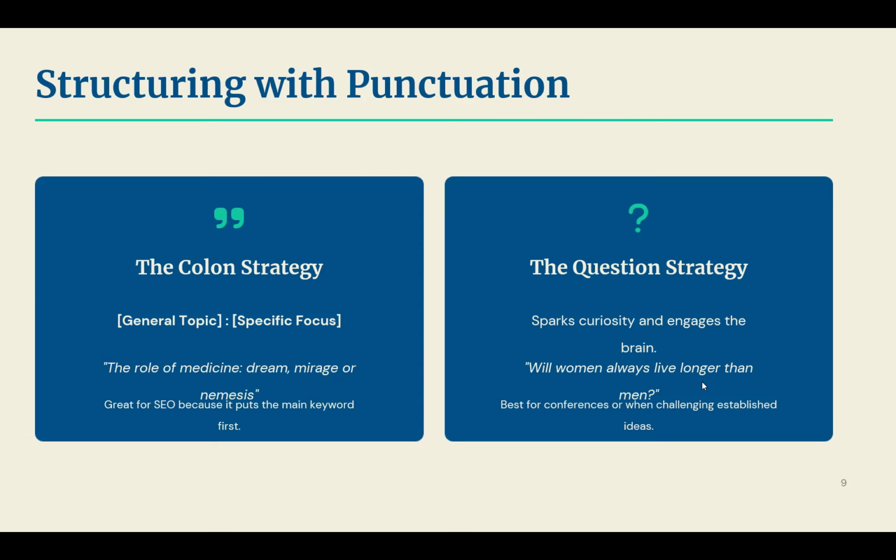The second typical strategy is the question strategy. What happens there? When you put a question, that typically sparks one's curiosity. And typically, questions are pointing to the brain directly. Now look at, will women always live longer than men? This question type of title is actually best for conference type abstracts.